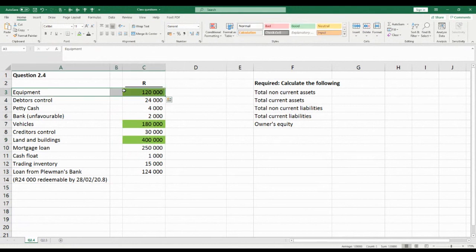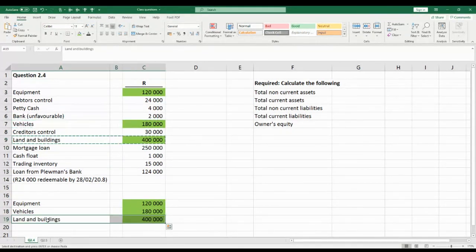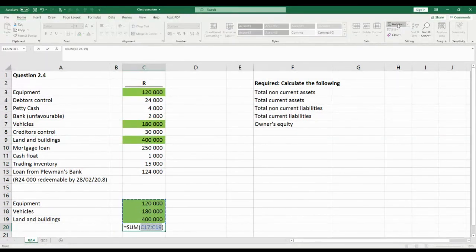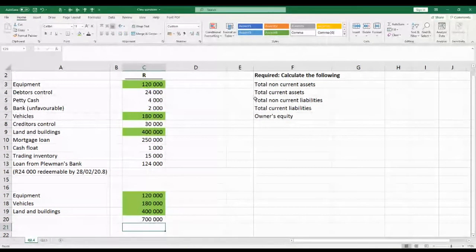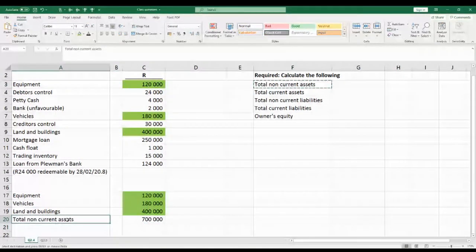Now, when you do the question, you have different ways of answering it in a test. You can either write down each of these items and then total it to say our total non-current assets equal 700,000.